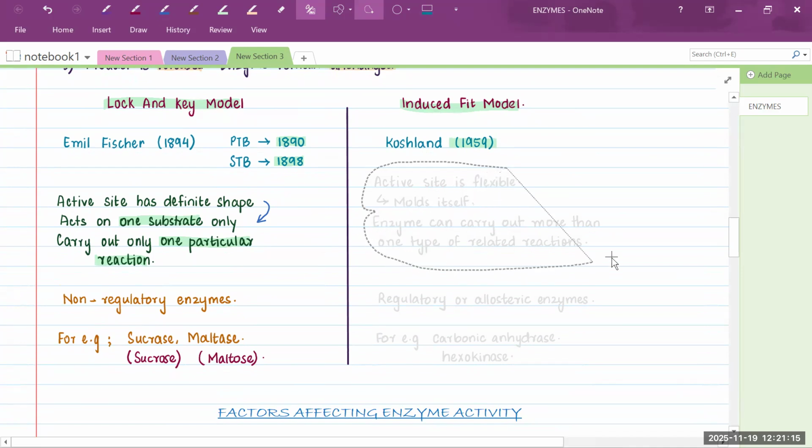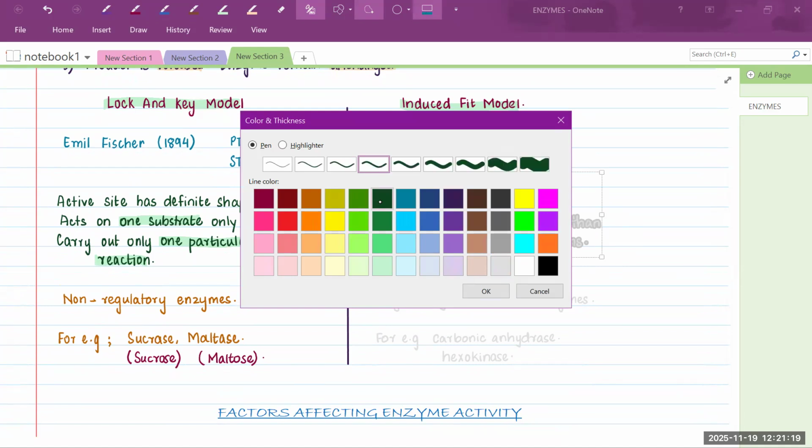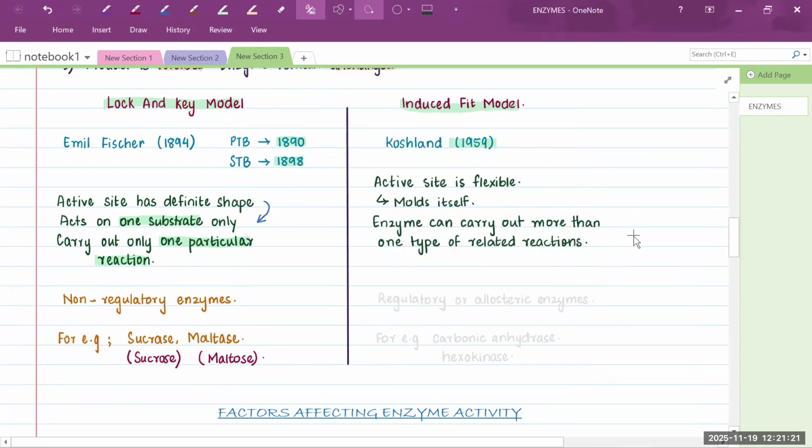Also, the induced fit model says that the active site is flexible. The keyword here is that it molds itself around the substrate. For example, we have a substrate which is not exactly complementary. We can see it here as well.